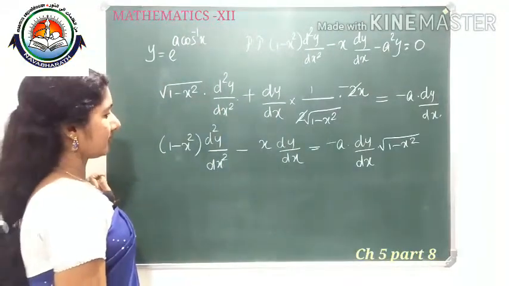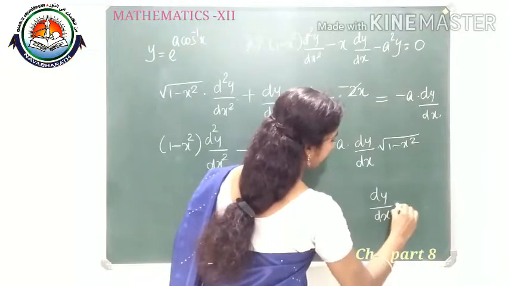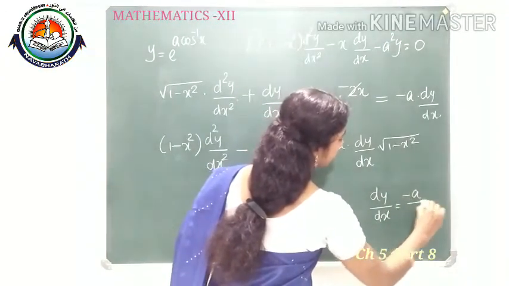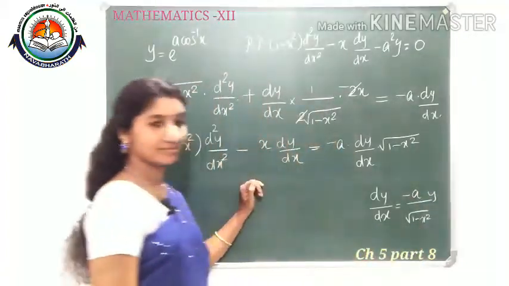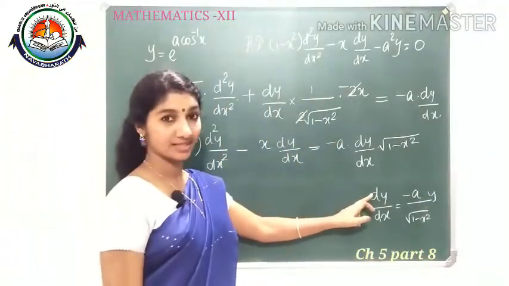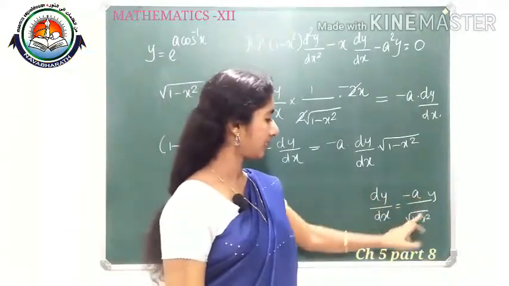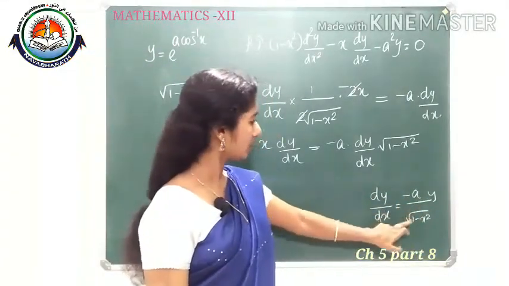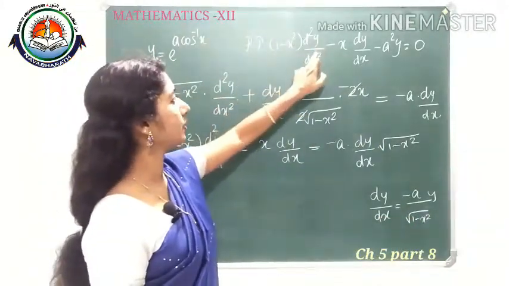Okay. See, dy by dx, what did we get for dy by dx? We got it as minus a by root of 1 minus x square into y. Isn't it? We wrote in the previous step, dy by dx equal to minus a y by root of 1 minus x square. So, see this answer, we need 1 minus x square into d2y by dx2.